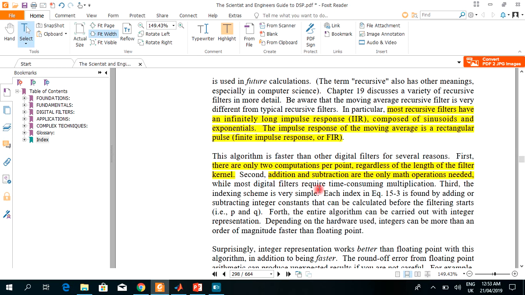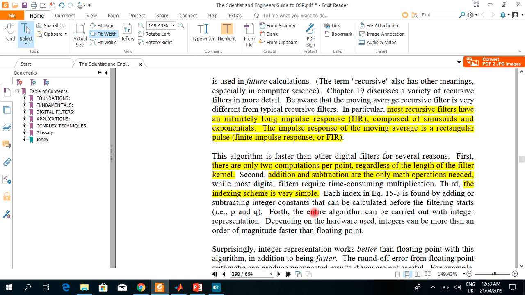While most digital filters require time consuming multiplication. And the third, the index scheme is very simple.